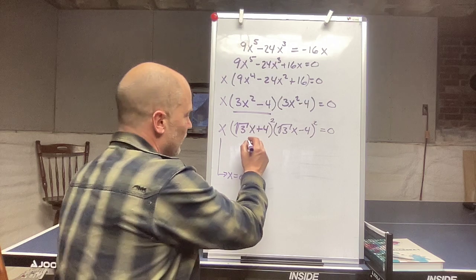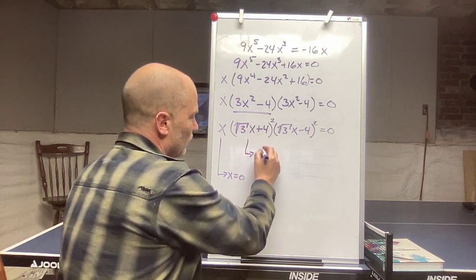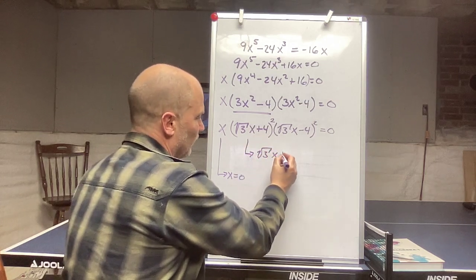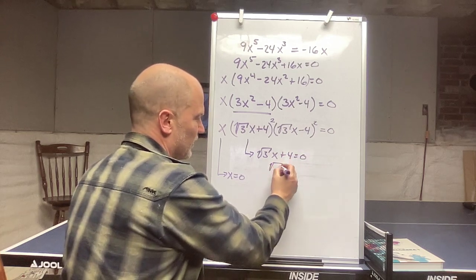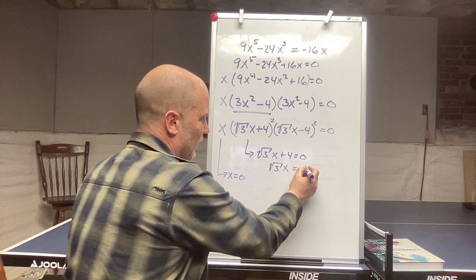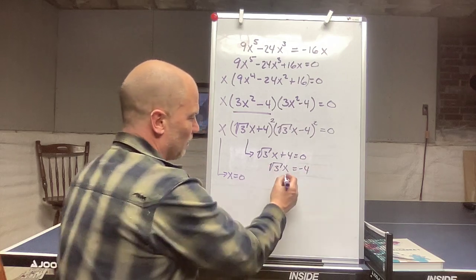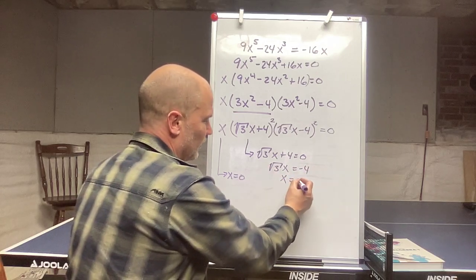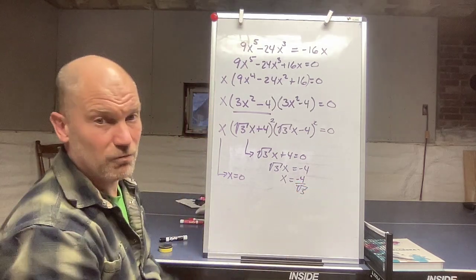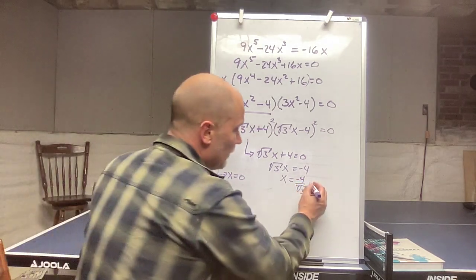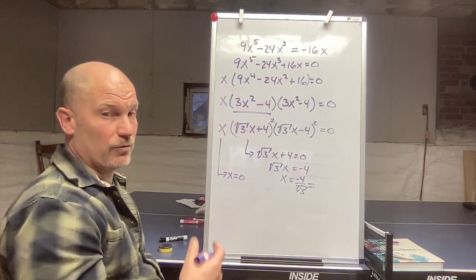This one here is a little trickier. Root 3 x plus 4 equals 0. I subtract 4 from each side. I say root 3 x equals negative 4. I divide both by the square root of 3. x is negative 4 over root 3. I should rationalize the denominator, meaning I multiply by root 3 over root 3.